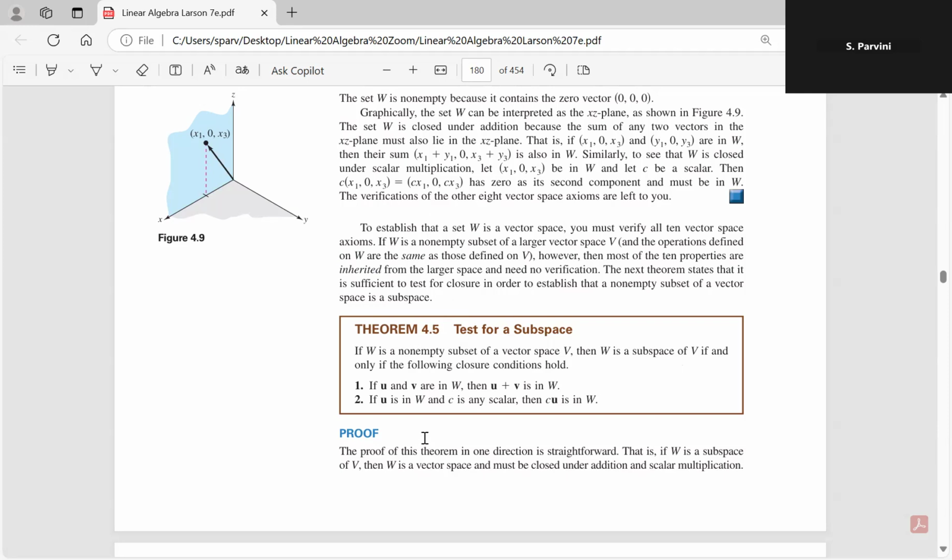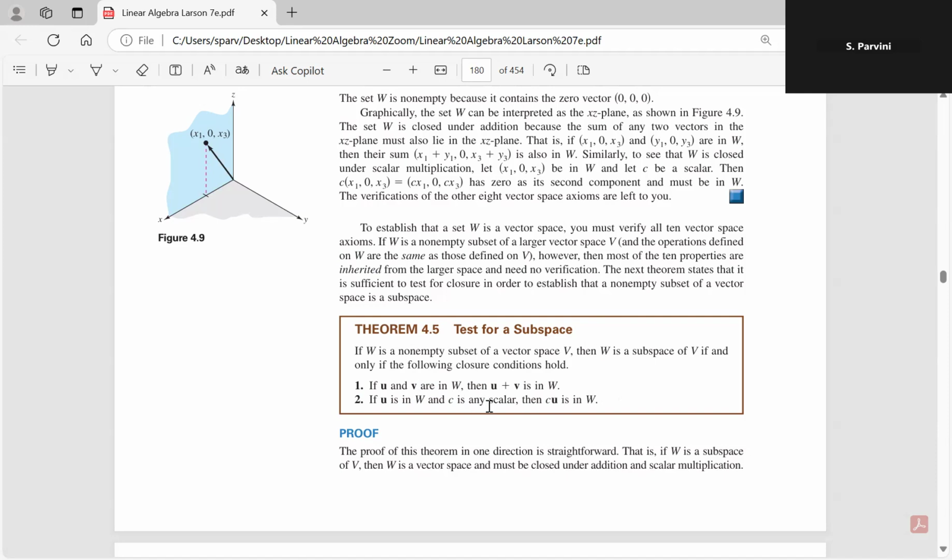So to test whether a subset of V is a vector space, all we have to do is number one and number two. Remember, non-empty means zero. Zero is what is inherited. So first, the sum U plus V has to be in W. That means there has to be closure under addition, and the subset must be closed under scalar multiplication.